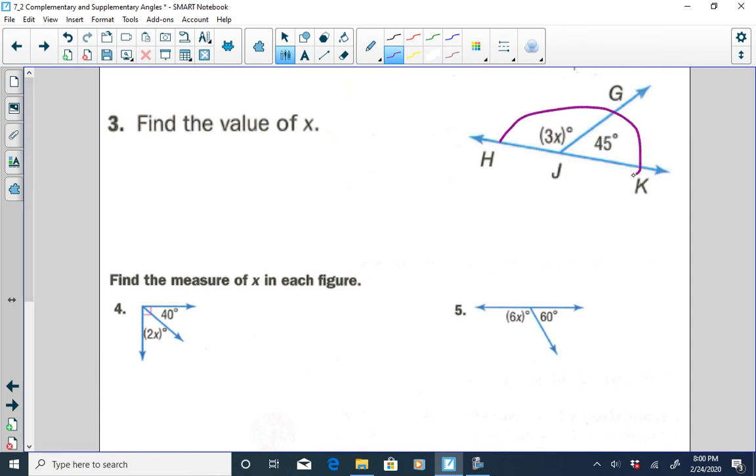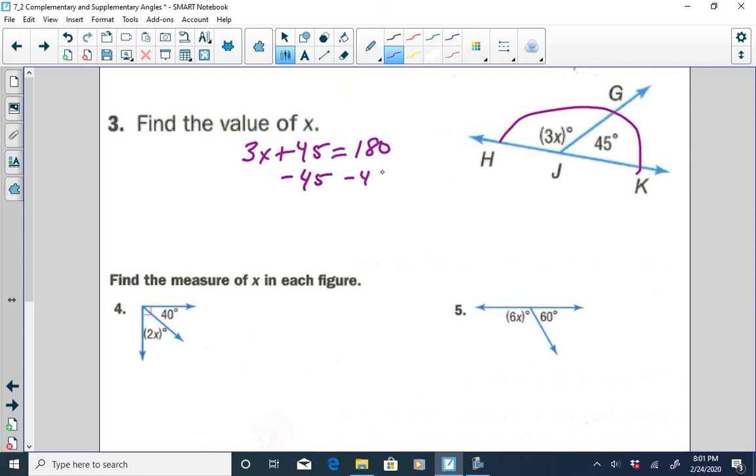All right, to find the value of x, I have to know that those two angles have to be supplementary because they make up this straight angle here, and I want to write an equation that says that. So we'd write 3x plus 45 have to have a sum of 180.